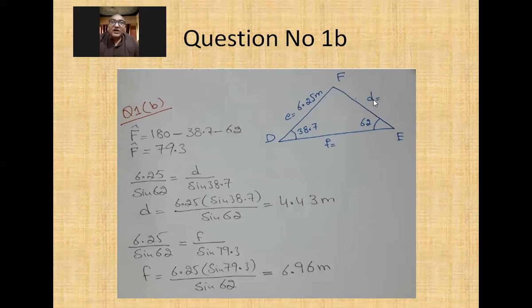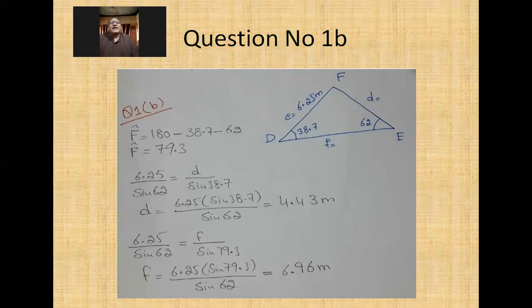Now suppose I want to calculate the side D. The angle opposite to it is 38.7, and this side is 6.25, and the angle opposite to it is 62. So according to the sine law, 6.25 divided by sine 62 is equal to D divided by sine 38.7.